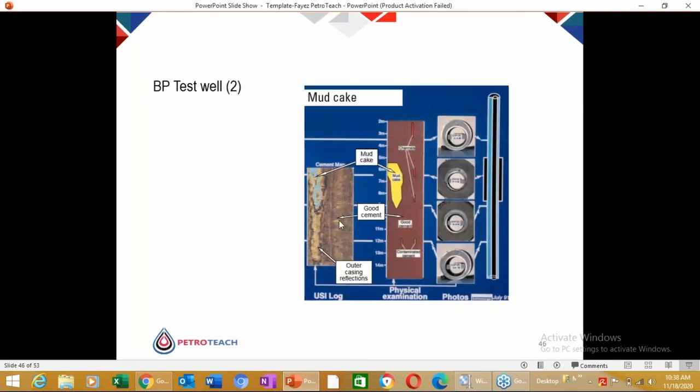Here is another point: this is good cement because it is dark. This one is mud cake, and this one is the outer casing reduction. So this is Rich Petroleum.